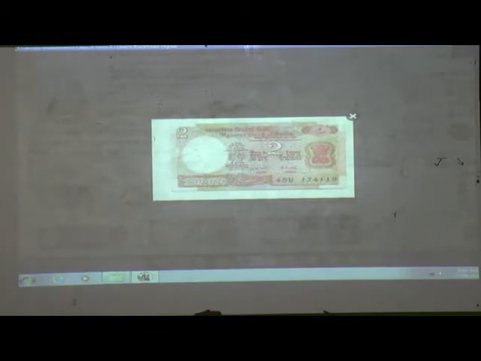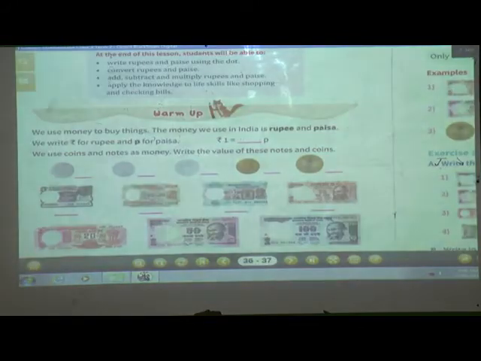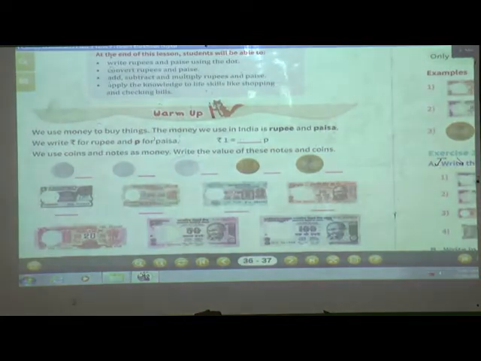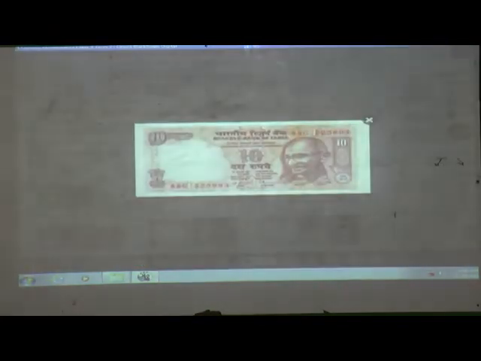What is written on the note? It is a 2 rupee note. See this note now. It is a 5 rupees note. Then on this note, what is written? Which number can you see here? Here 10 is there, so it is a 10 rupees note.